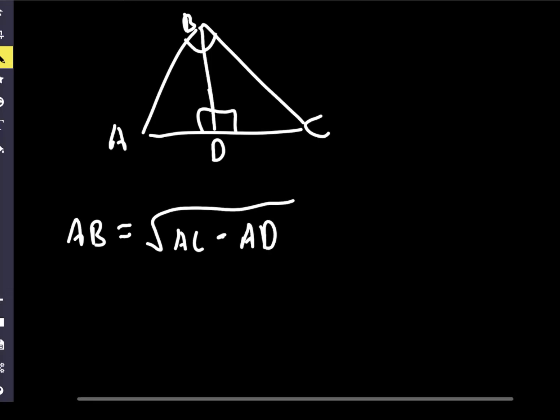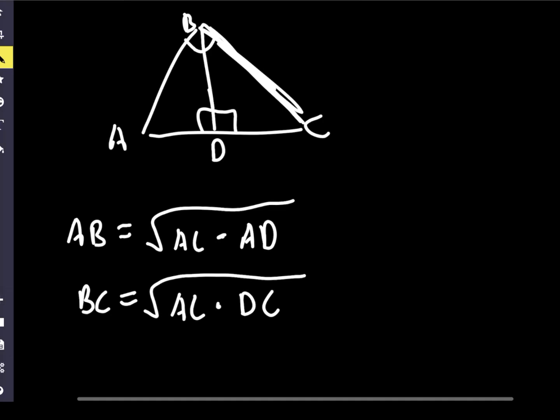So the geometric mean of this whole side times the adjacent side. The length of BC is going to be the geometric mean of AC times DC. So again, this whole side times the adjacent side.